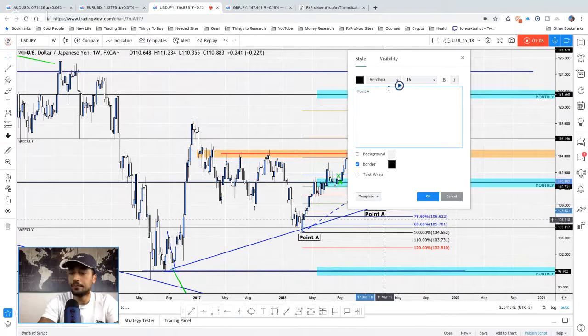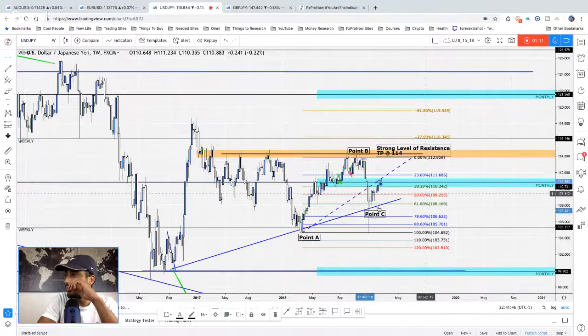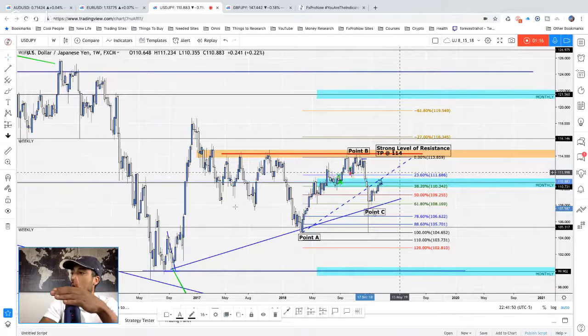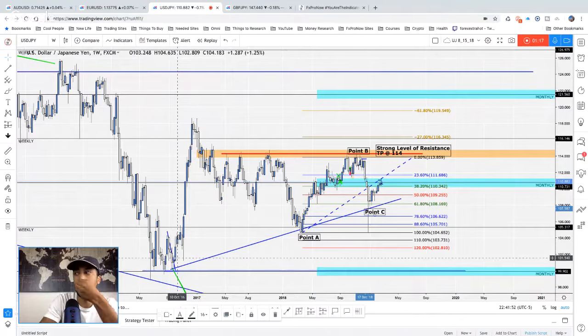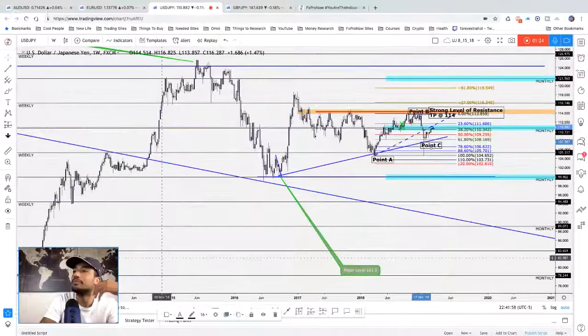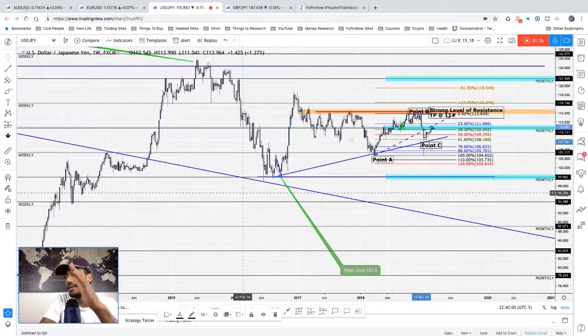And what we're looking for is for this to be the continuation of the uptrend that we have. Well, not really uptrend, but it's just weird. But we do have a continuation in this upside move.